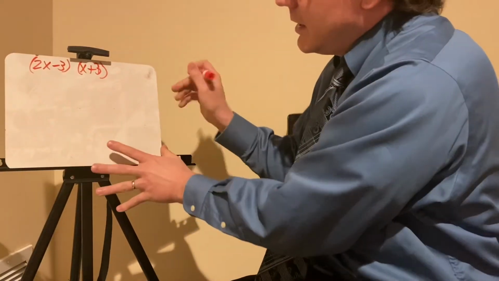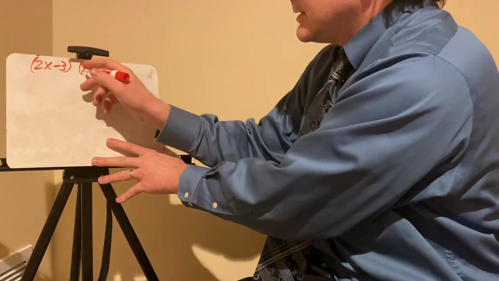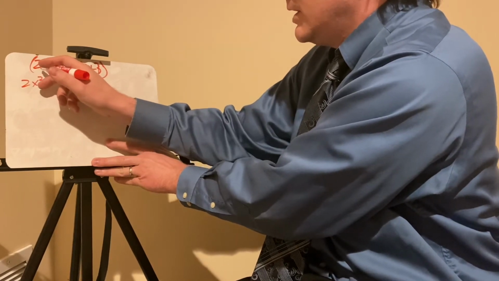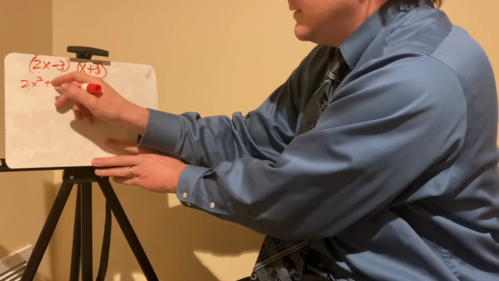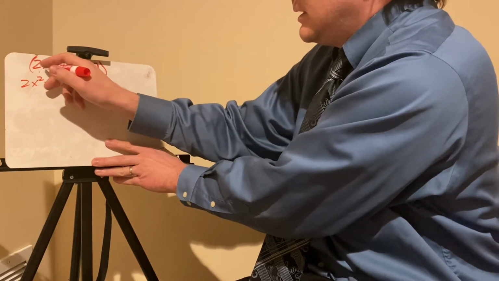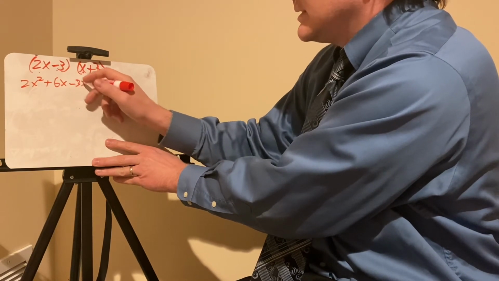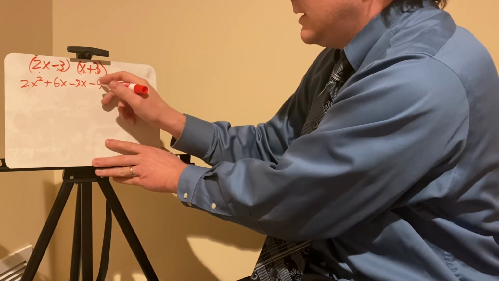All right. So 2x minus 3 times x plus 3. 2x times x is 2x squared. 2x times positive 3 is positive 6x. Negative 3 times x is negative 3x. Negative 3 times positive 3 is negative 9.